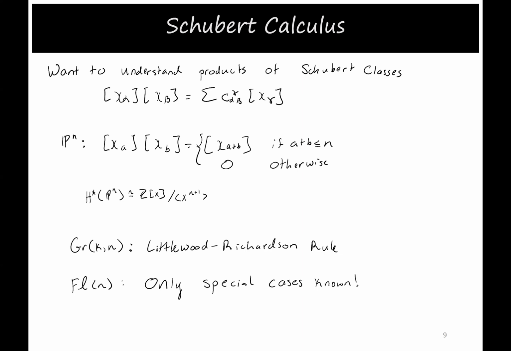Of course, you can just multiply in some sense, and I'll talk momentarily about some polynomial representatives for these classes, but Hilbert wanted to be able to predict the numbers without doing algebraic elimination. So without having to do any linear algebra at all, to just be able to know what these structure constants are. So this is a big open problem in Schubert calculus.